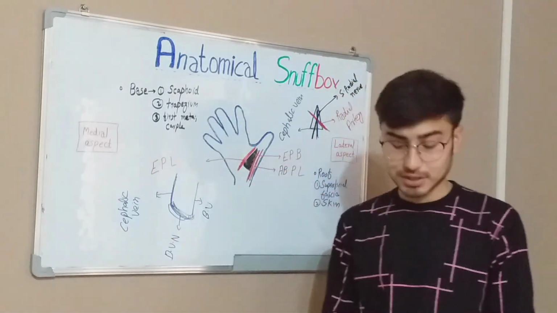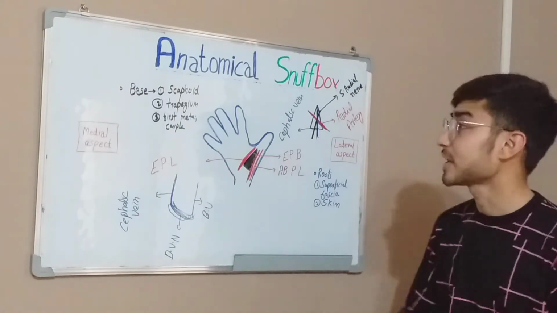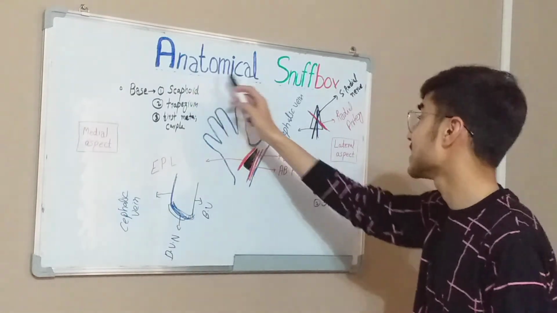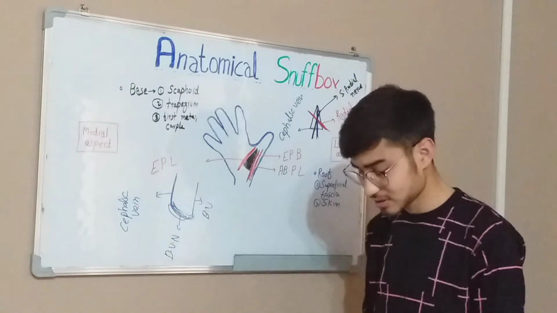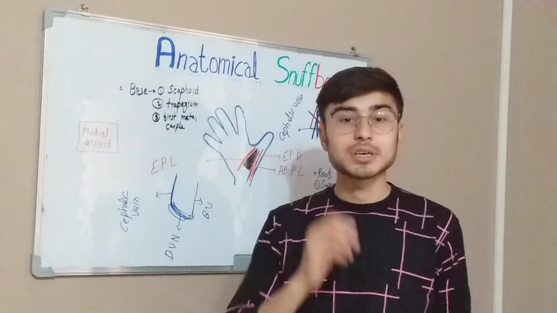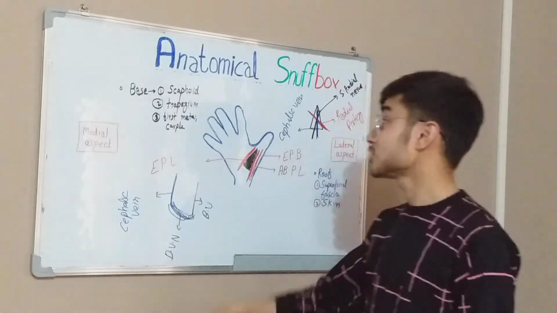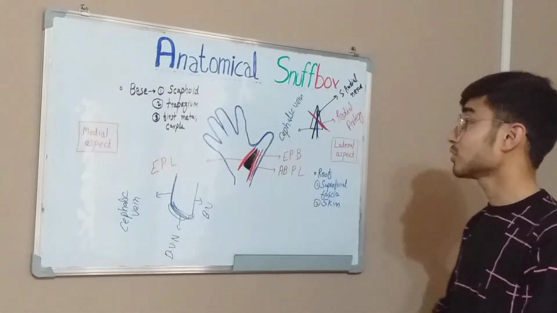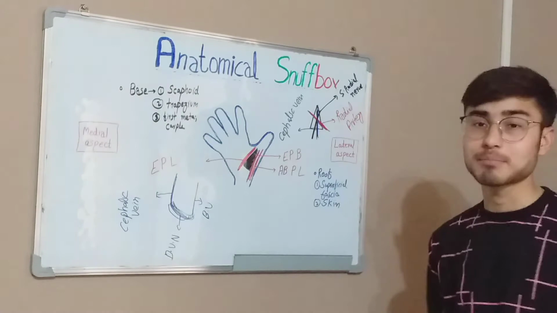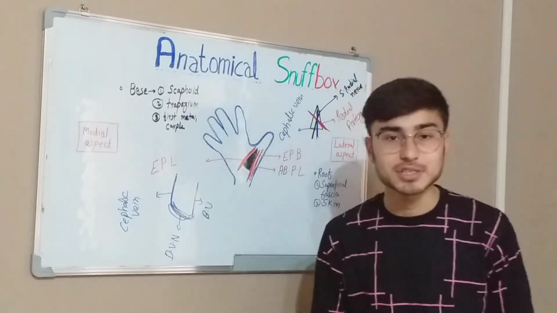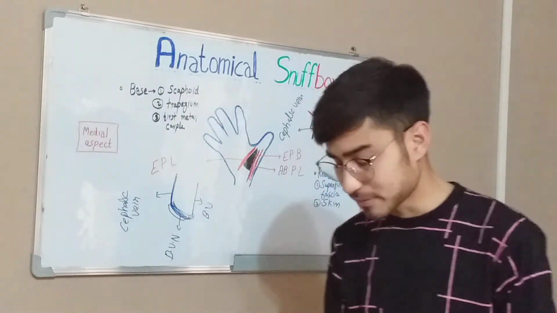Now let me explain some clinical scenarios that are concerned with the anatomical snuff box. Basically, a doctor can detect two things from the anatomical snuff box. One is the fracture of the scaphoid bone.